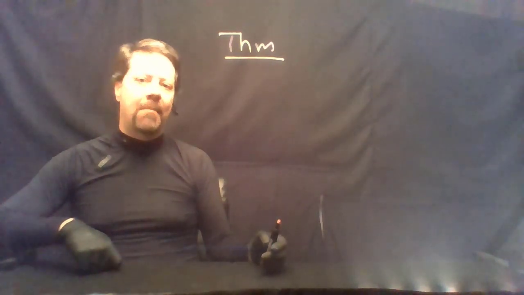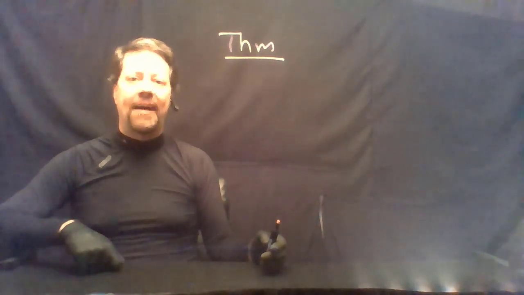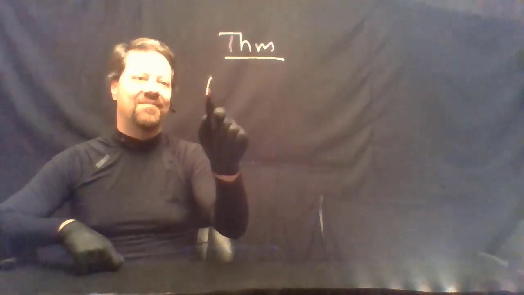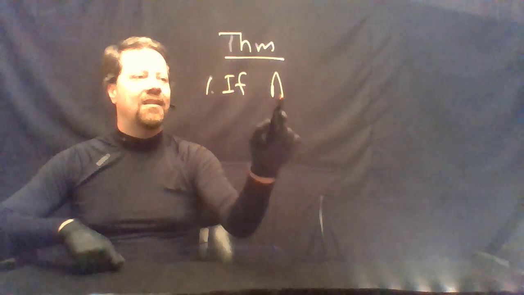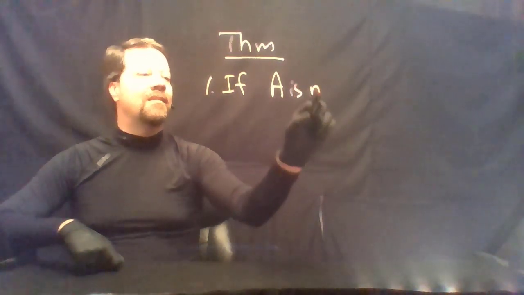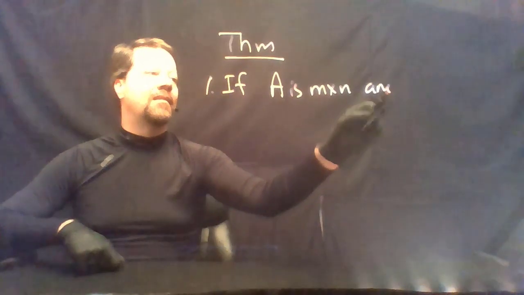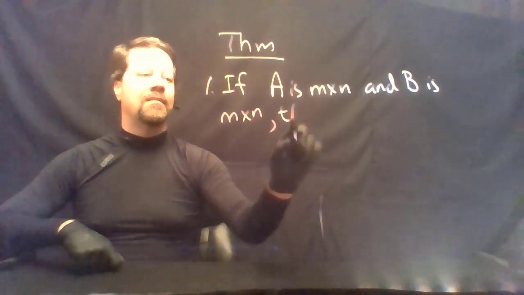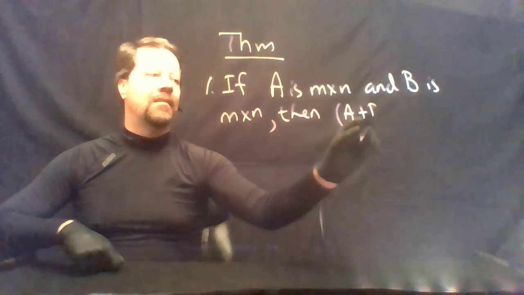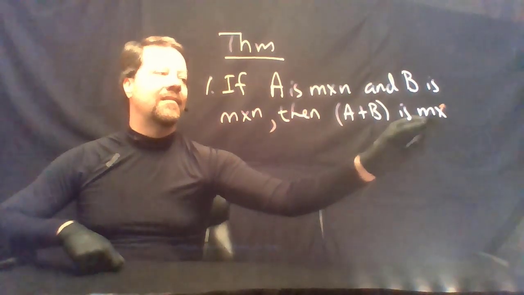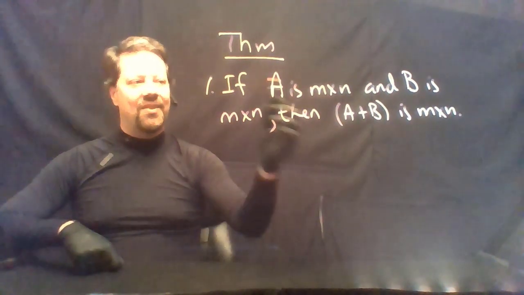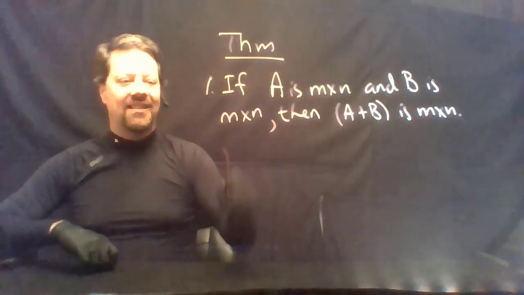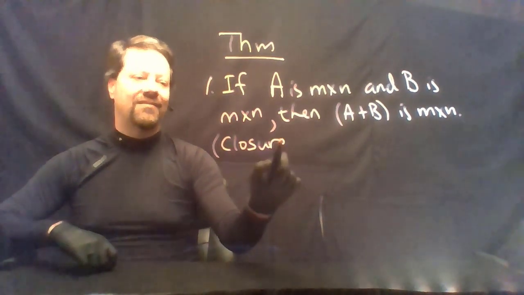If I add an m by n matrix to an m by n matrix, I will get an m by n matrix. So the set of m by n matrices is closed under addition. This is called a closure law.